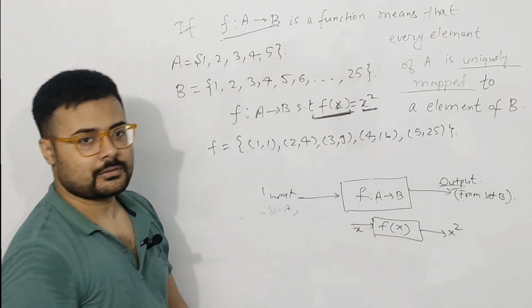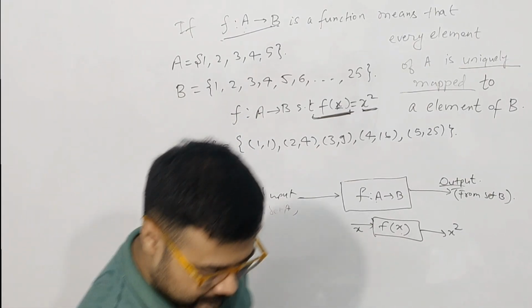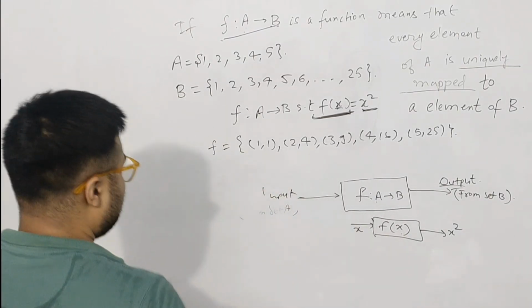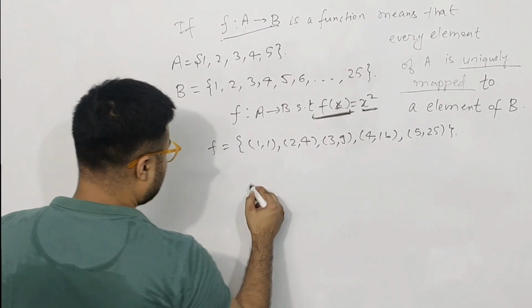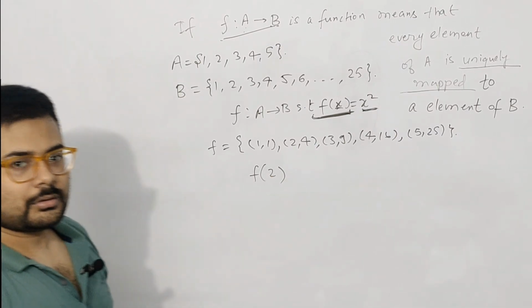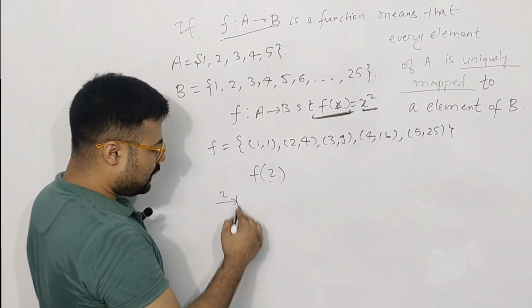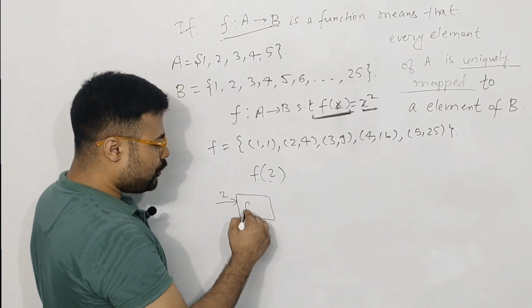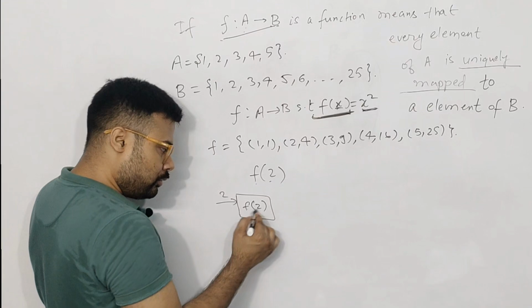This is your f. Now if it is asked what is f2, it means that 2 is the input, and you apply the rule f on this 2.